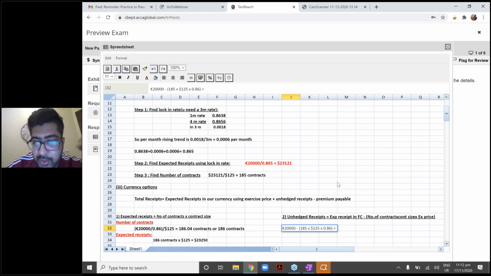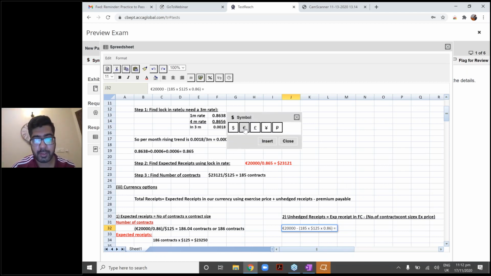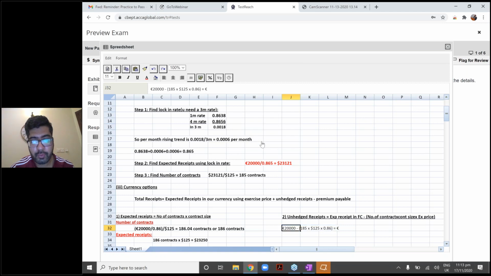So whatever is left, that's unhedged. 112.5 euros remain unhedged.